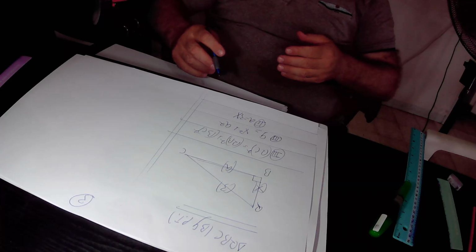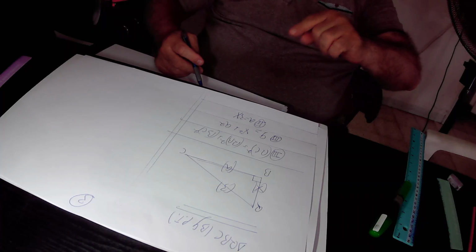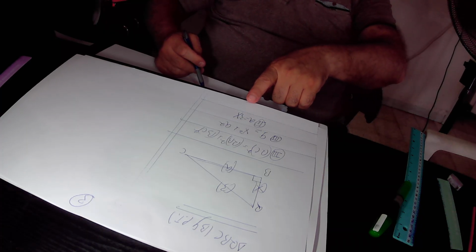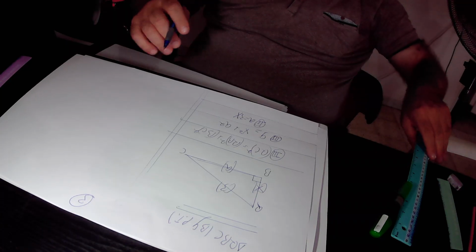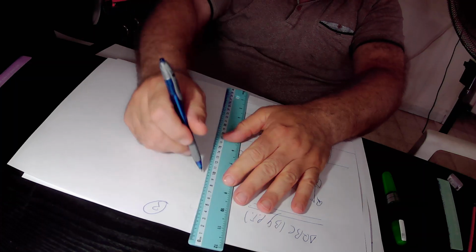If a equals 3x, it means that a squared equals 3x squared. Therefore, we can substitute a squared in equation 3 by 3x squared from equation 2.